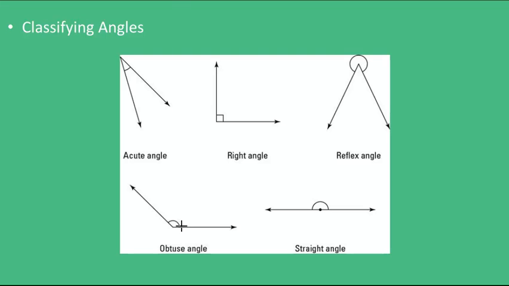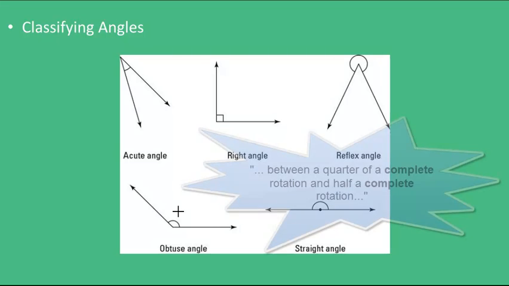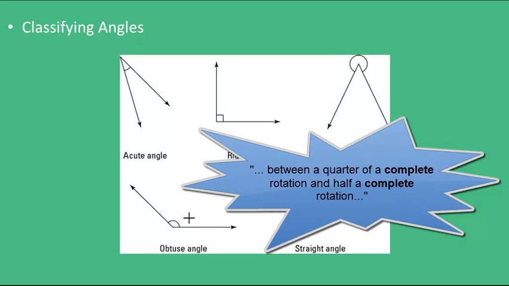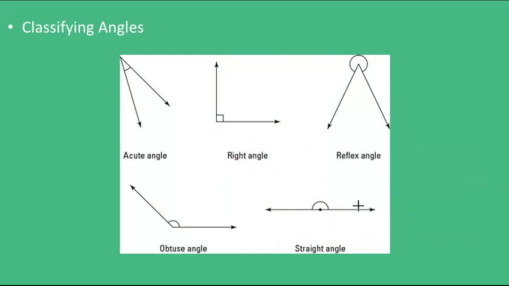If the angle is between 90 and 180, in other words, between a quarter of a rotation and half a rotation, it's said to be an obtuse angle. And of course, if the rotation is exactly half a complete rotation, it's said to be a straight angle.